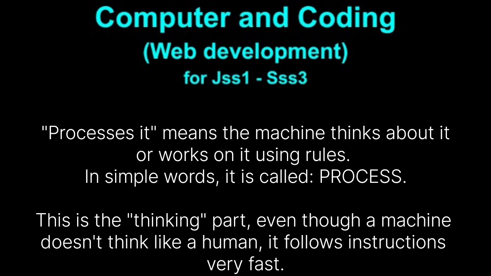You say, I'm still on it. That means you are still working on that particular thing you were told to do. And this is the thinking part of a computer. A computer does not think like a human. Actually, it follows strict rules, and it follows patterns to solve or to process data.